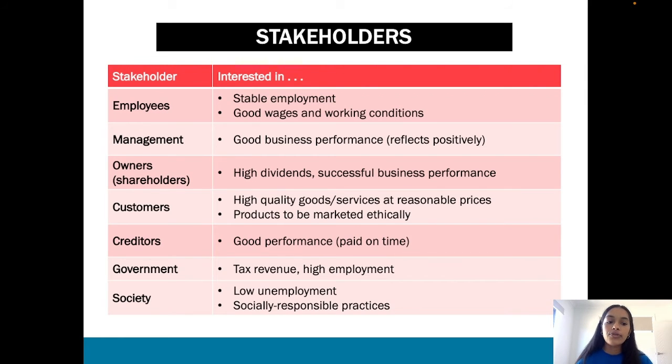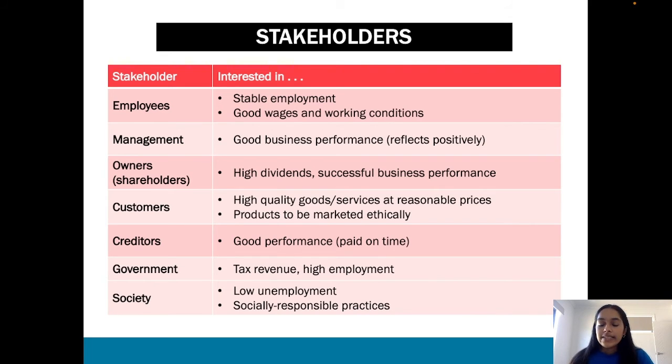In return for the investment that shareholders make in order to be a holder of shares in the company, they receive dividends from the business. So the higher profits that a business gets, the more dividends that shareholders also get. High dividends are achieved by successful and good business performance.